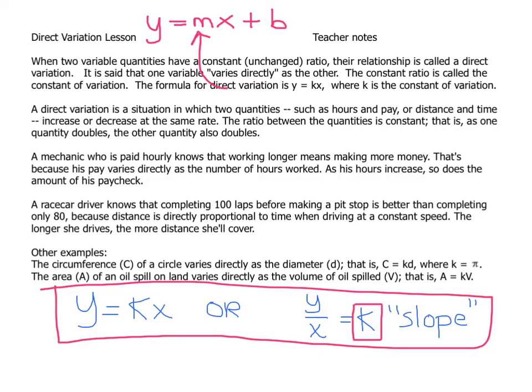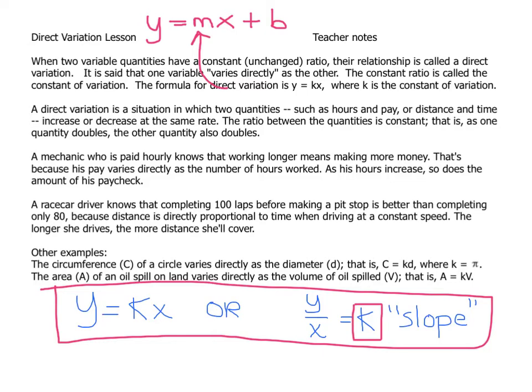A race car driver completing 100 laps is better than completing only 80, because the distance is directly proportional to the time when driven at a constant speed. So the longer he or she drives, the more distance they'll cover.